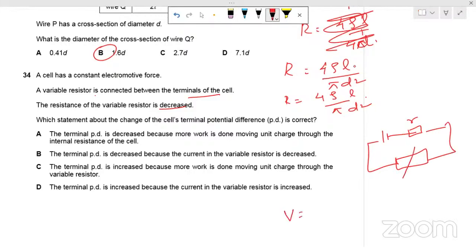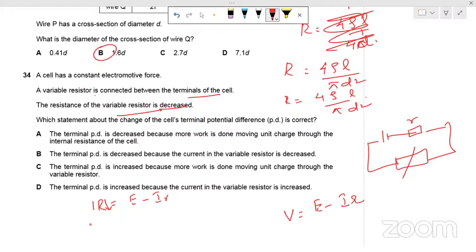So voltage across variable resistor is E minus Ir. The resistance of variable resistor is decreased. If we decrease this resistance, what will happen to terminal potential difference?